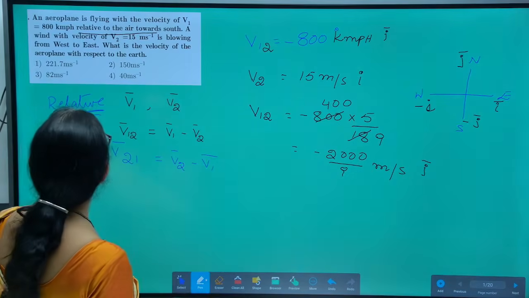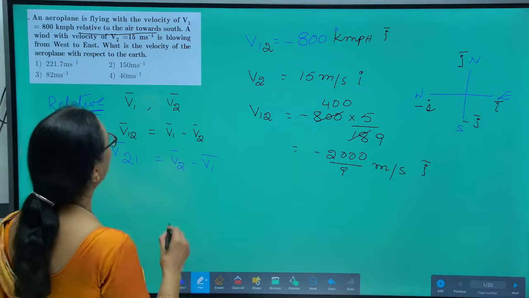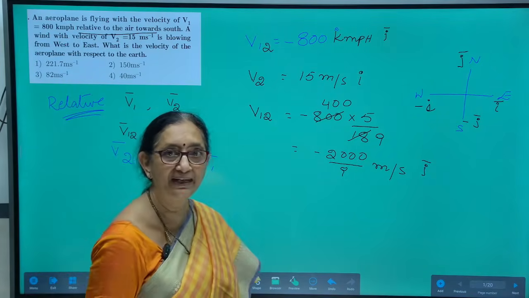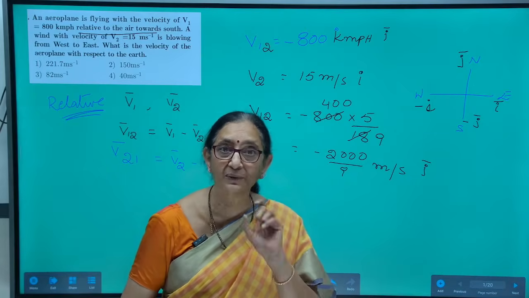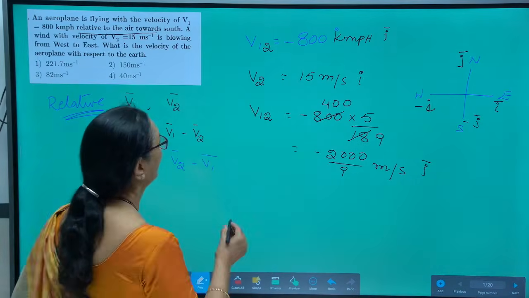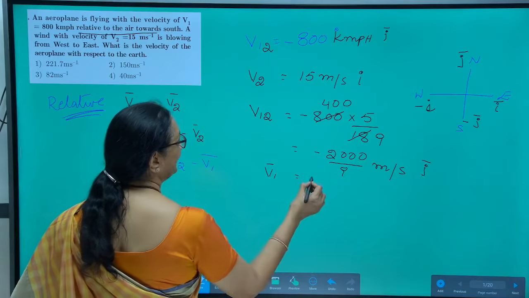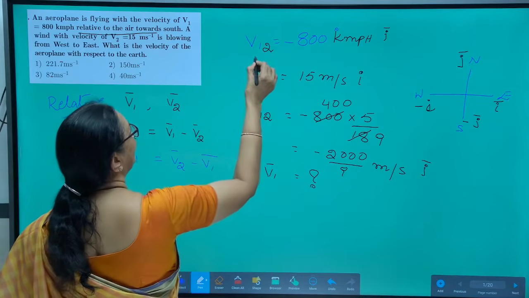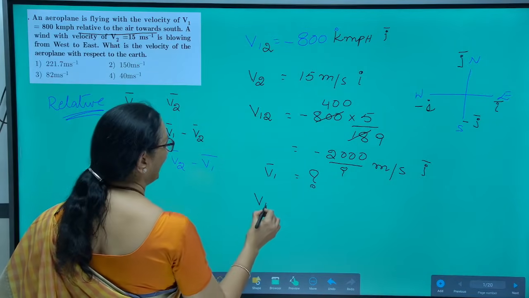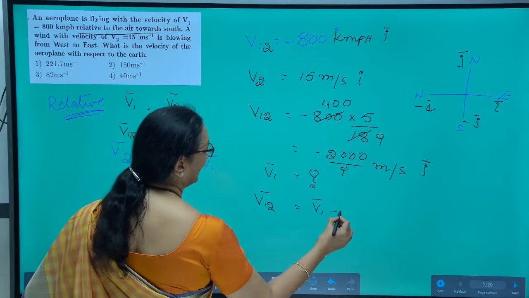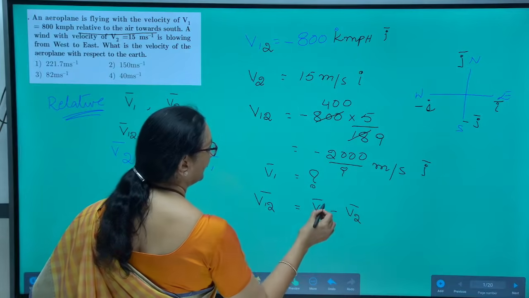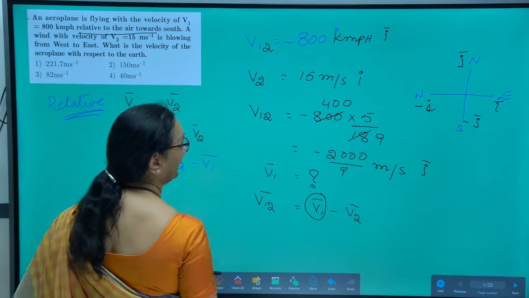See here, what is asked in the problem? What is the velocity of aeroplane with respect to earth? So, what is the actual velocity of the aeroplane? V1 bar is asked. So, what is the relation? V12 bar is equal to V1 bar minus V2 bar. You are asked to find out V1 bar.